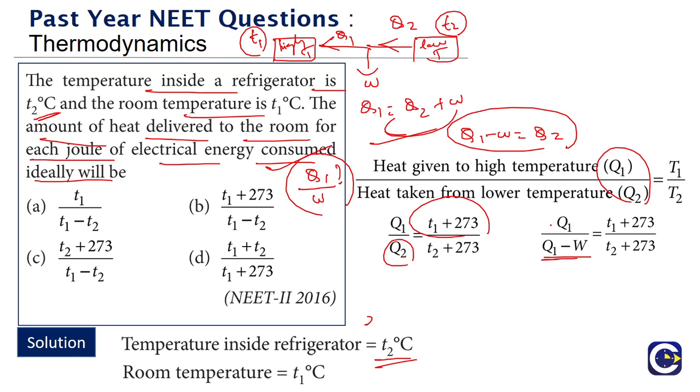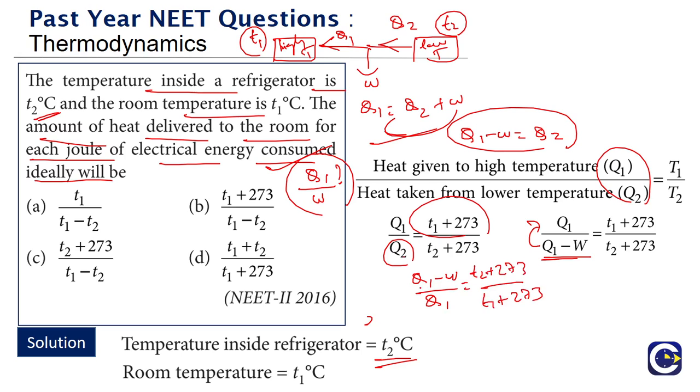So here in the denominator, we have Q1 minus W. If we reciprocate it, we will get Q1 minus W by Q1 equal to t2 plus 273 by t1 plus 273.